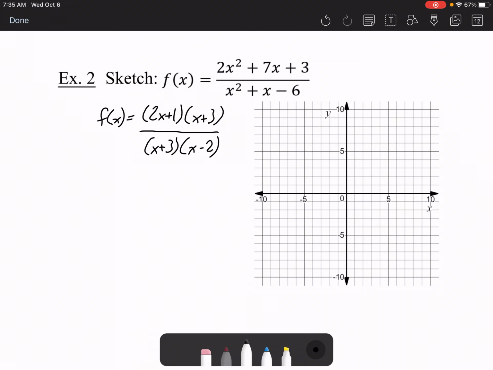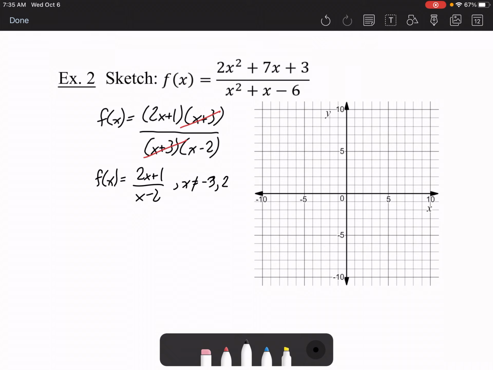Well, as you'll notice, the x plus 3's can be canceled from both the numerator and denominator, but once you cancel that, it simplifies our expression into 2x plus 1 over x minus 2, where x cannot equal -3, or x can't equal 2.